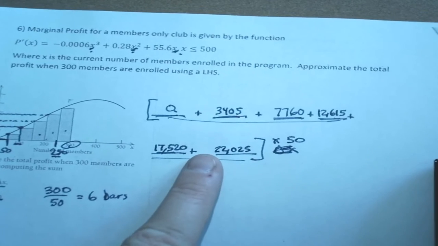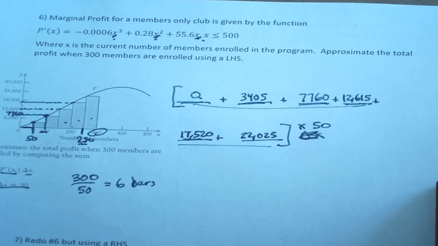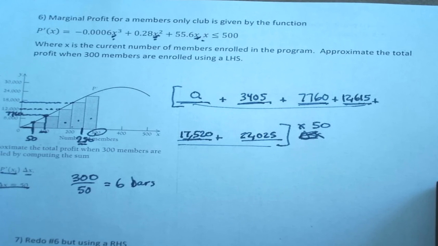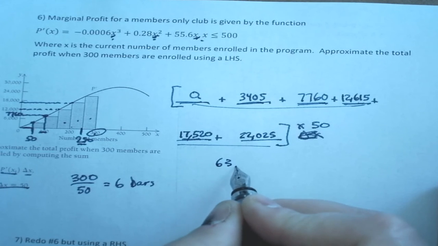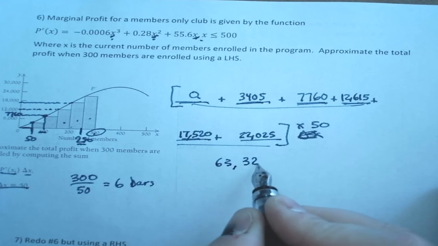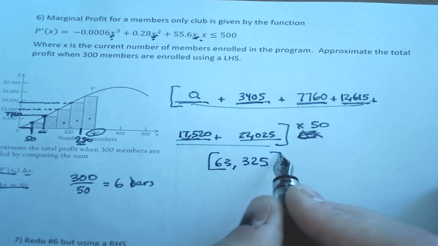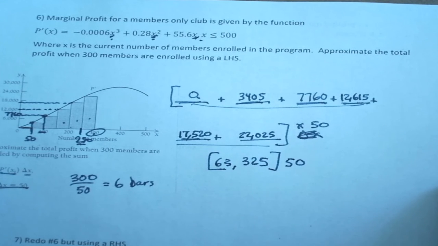So we're going to add all those up, then multiply by 50. I take these numbers: 3405 plus 7760 plus 12,615 plus 17,520 plus 22,025. Add all those up, and I get 63,325, and we multiply that by delta x, so times 50.